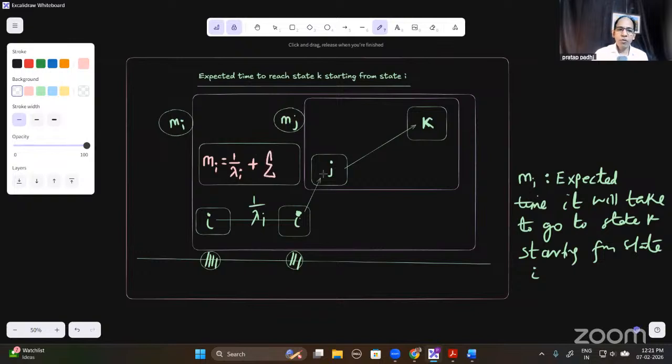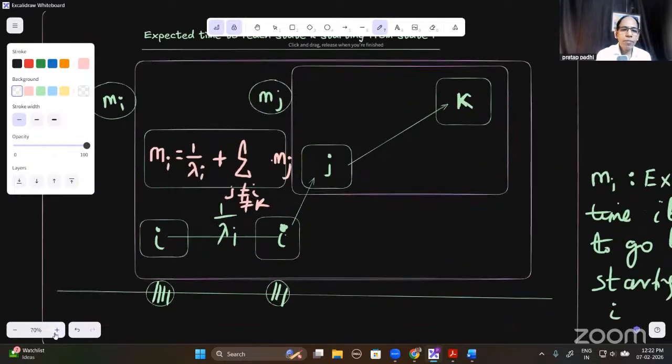Here there are so many chances. Suppose it's J, but J should not be equal to I, the first state, and it should not be equal to K, the last state. So I will write this probability, then I will write Mj once again. And this probability will be, if you remember, mu ij. We don't have space, I will increase it.